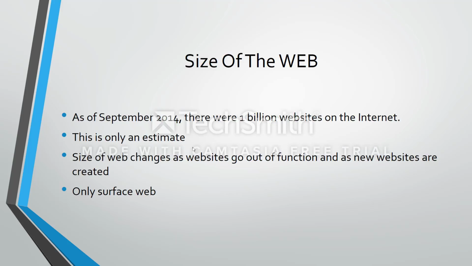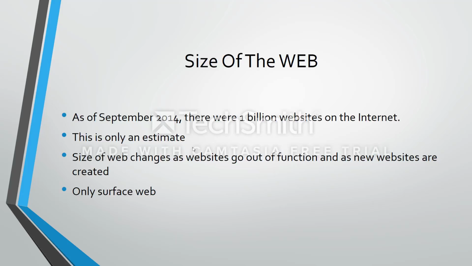Now let's go into what the size of the web really is. As of September 2014, there were almost a billion websites on the internet. But this is only an estimate because the size of the web changes constantly.